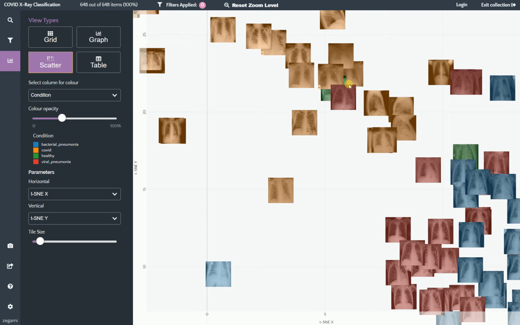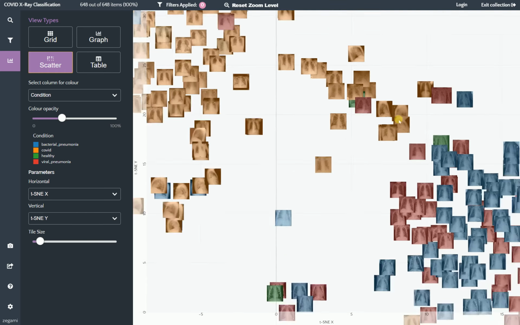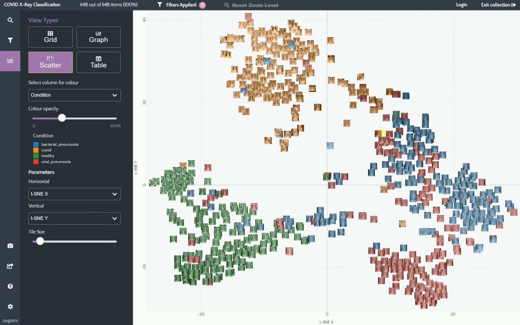Maybe that's because there are some indistinct images there, but again you could either remove these or spend more effort training these. And of course you can see, as you'd expect with a model like this, some red and green mixed together. Maybe viral pneumonia doesn't classify quite so well.